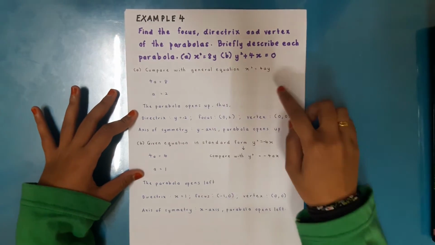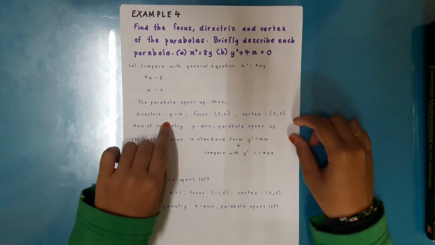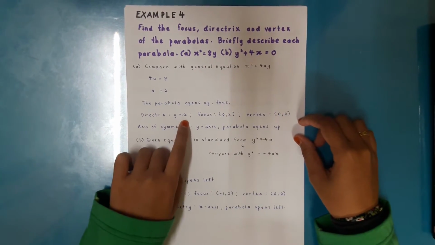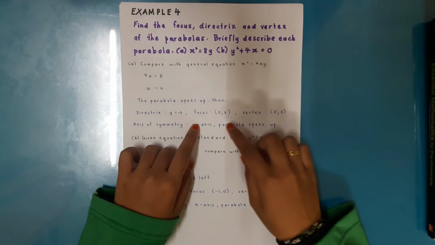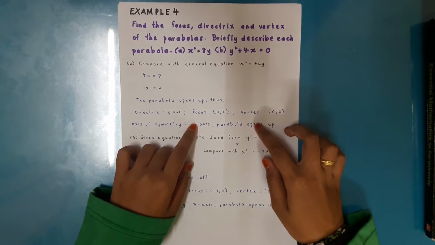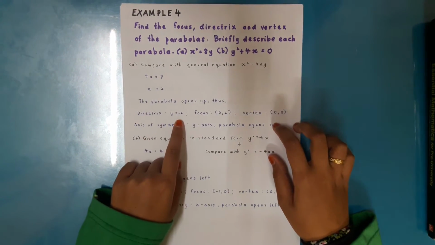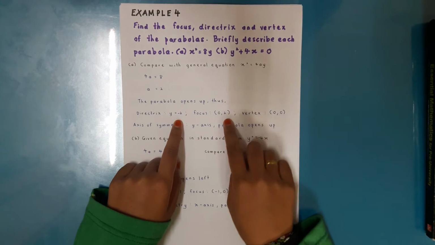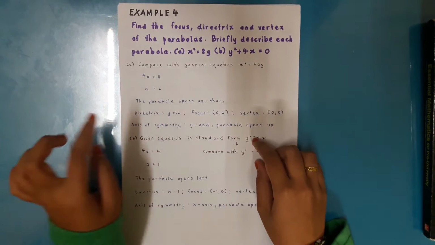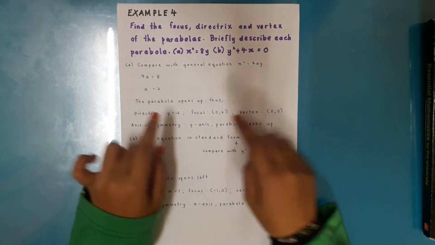Based on the general equation, we know that the parabola opens up. Thus the directrix is y equals negative 2, focus is 0, 2, and vertex is 0, 0 because the vertex is at the origin. For the directrix, we get negative 2 because our focus is 2. So the directrix is the opposite from the focus.